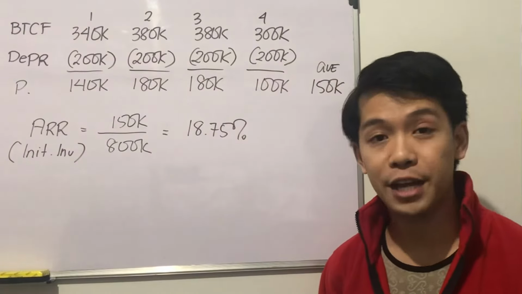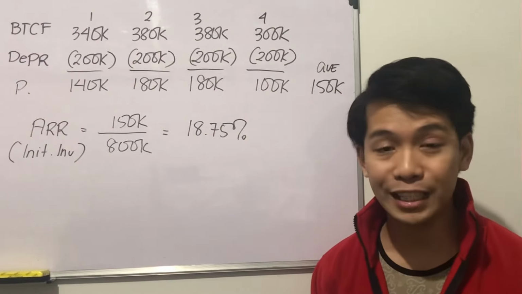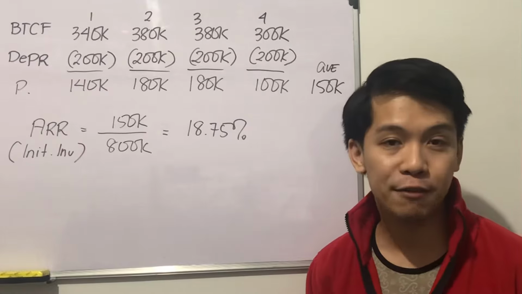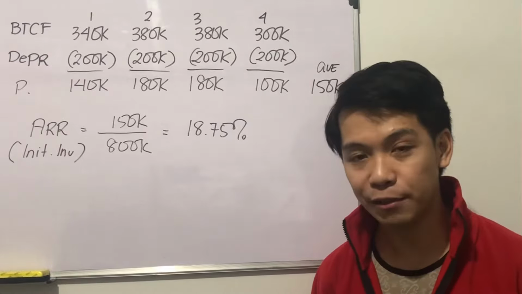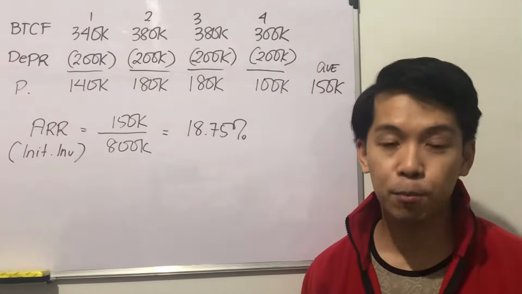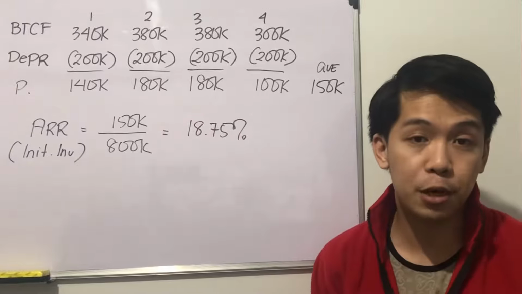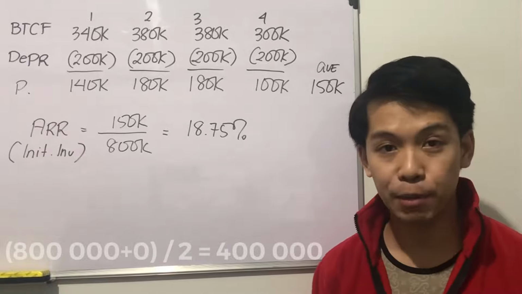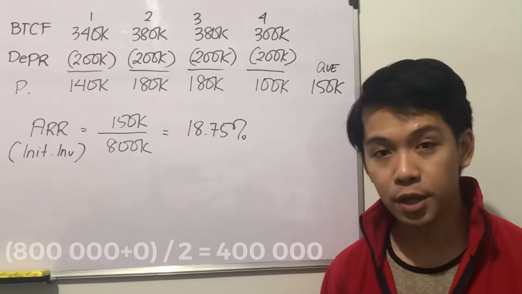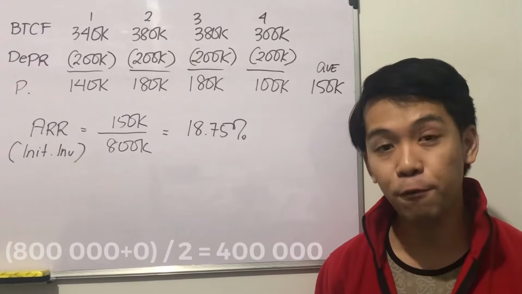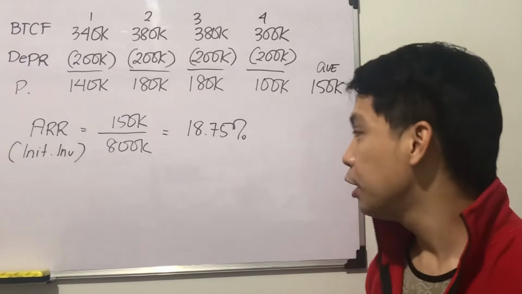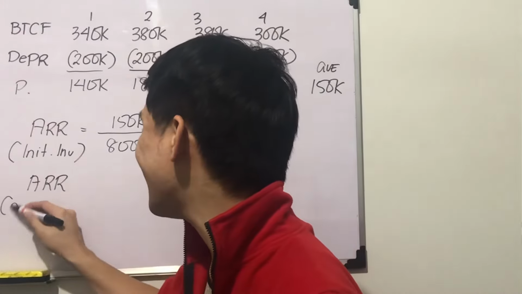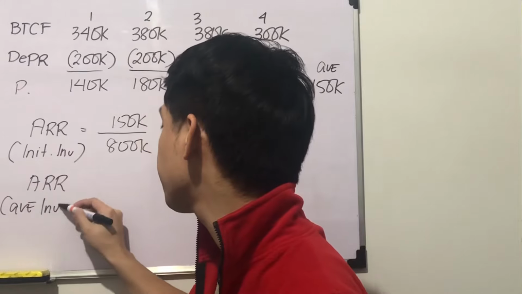The second variant of the ARR is one that is based on the average investment. So if the initial investment is 800,000 and at the end of the project's life, it would be fully depreciated, well, we would have 800,000 plus 0 divided by 2. That's an average investment of 400,000. So we would have an ARR based on the average investment.